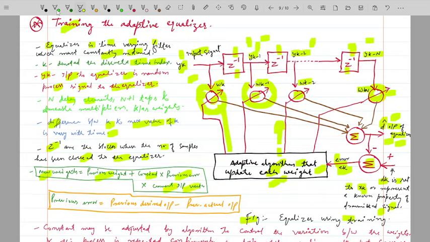We need all these values for the new weight equation; these things we will discuss later. The previous error is the previous desired output subtracted from the previous actual output.